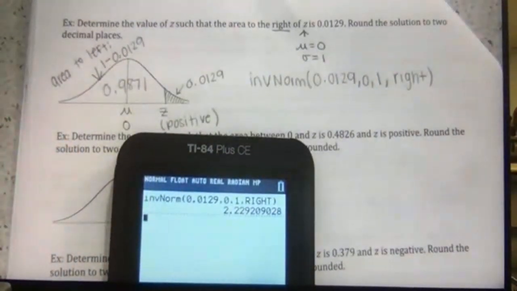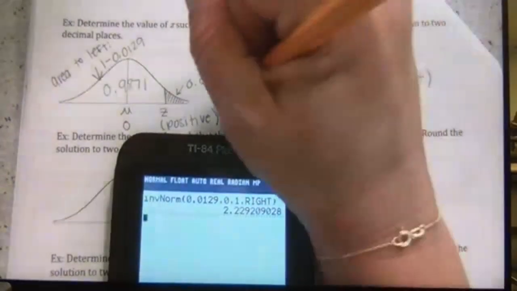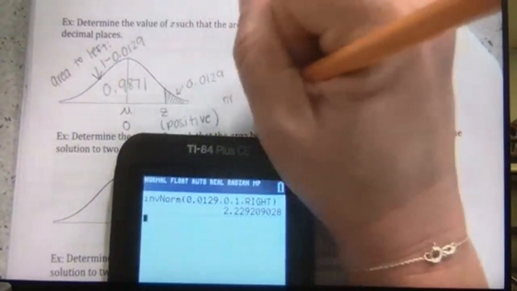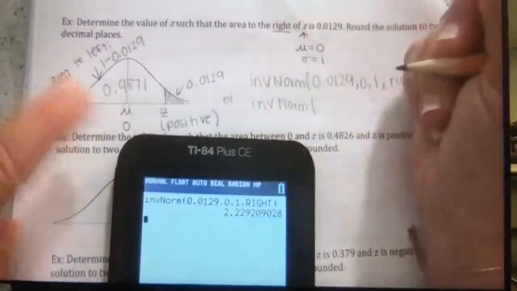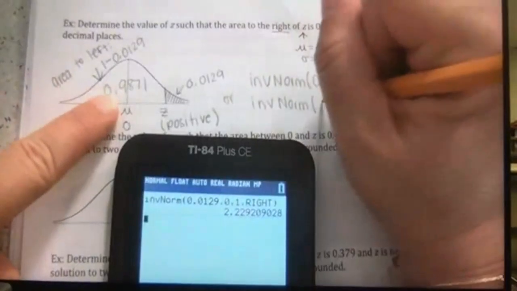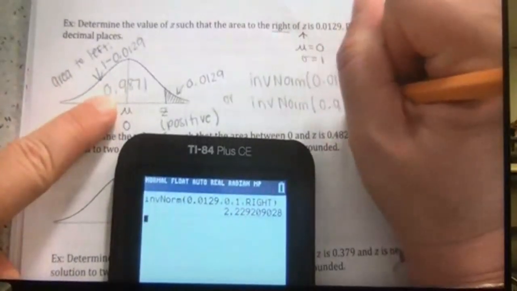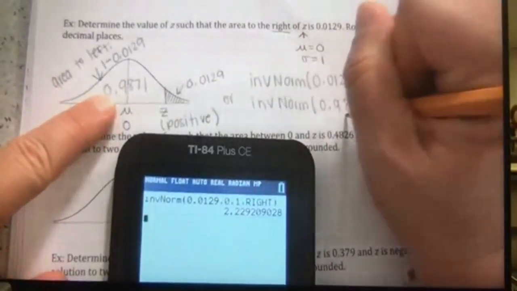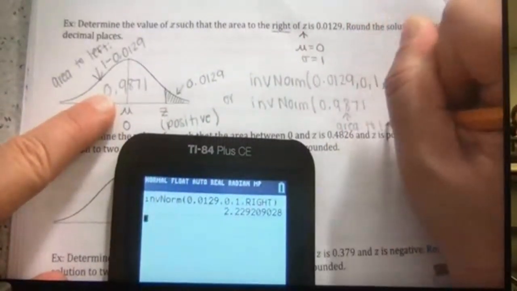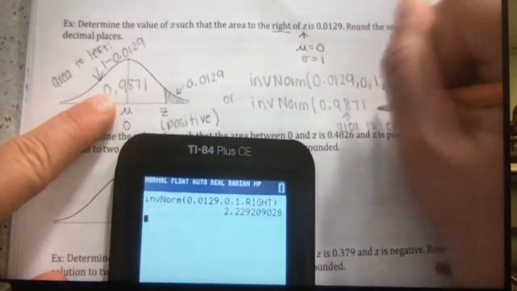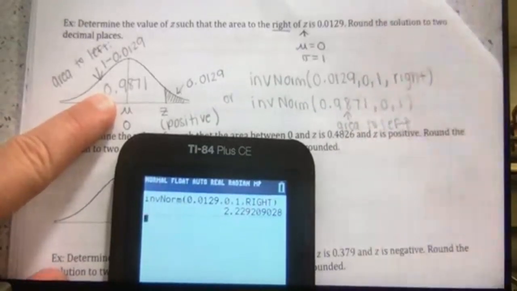If your calculator doesn't give you the option to do left, right, or center, it's the same thing. For inverse norm, you have to use the area to the left. So you have to use 0.9871, which is the area to the left. Mean is 0, standard deviation is 1.